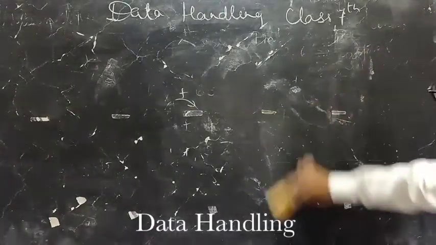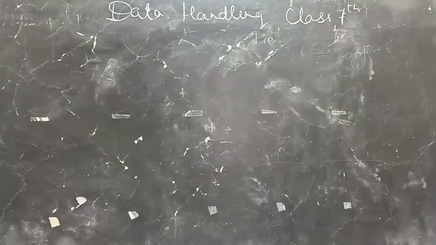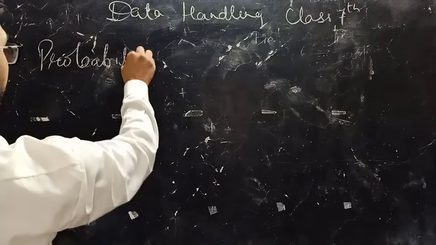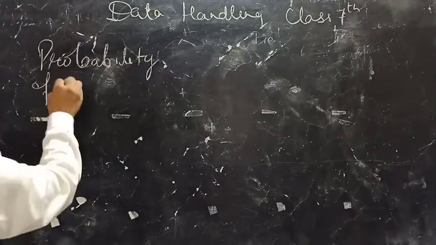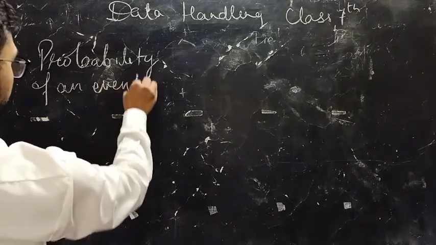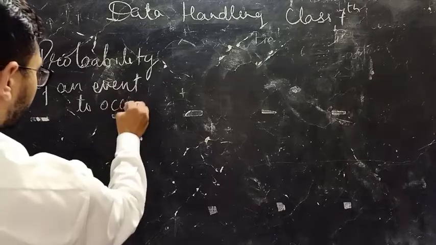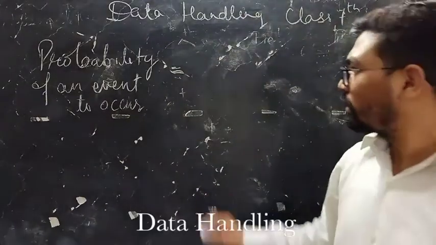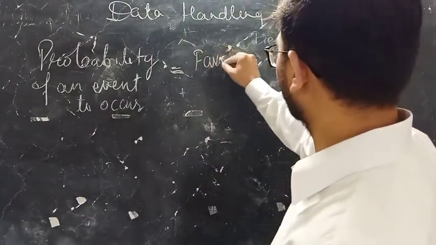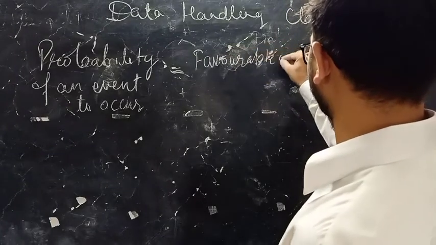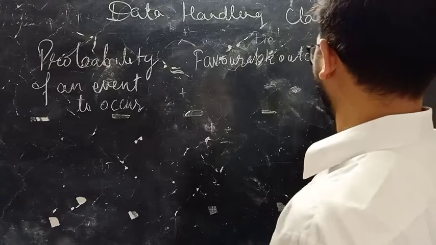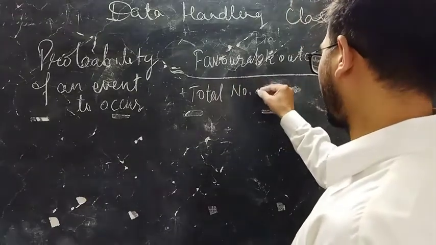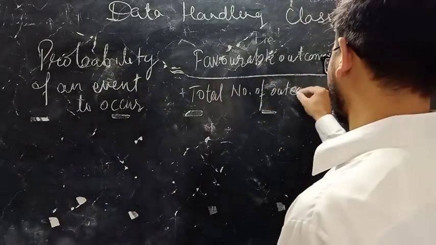So you can say probability of an event to occur is equal to favorable outcomes divided by total number of outcomes.